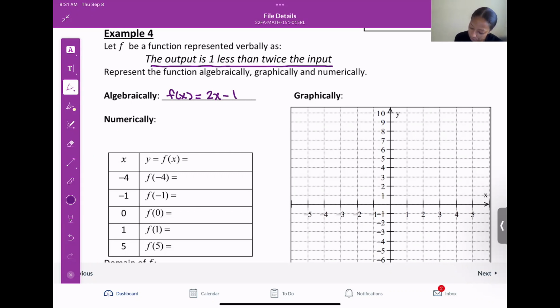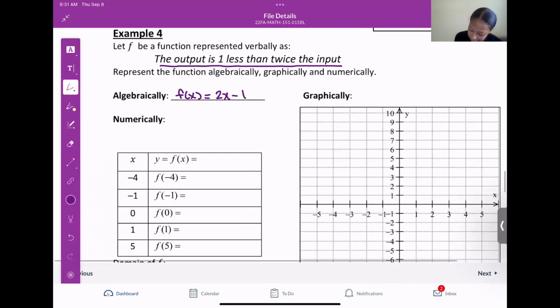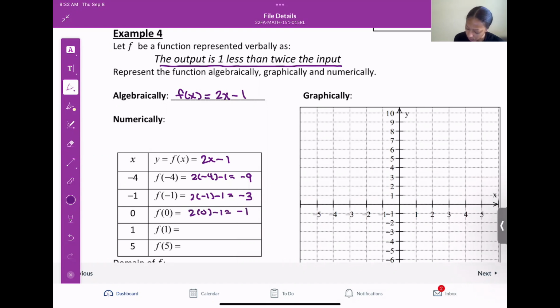Now that we know our function rule, 2x plus 1, I'm sorry, 2x minus 1, we can use that and plug in these x values that were given to make our table: -4, -1, 0, 1, and 5. So we have 2 times -4 minus 1, that's -9. 2 times -1 minus 1, -3. 2 times 0 minus 1, -1. 2 times 1 minus 1, 1.